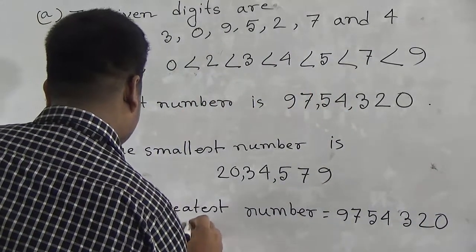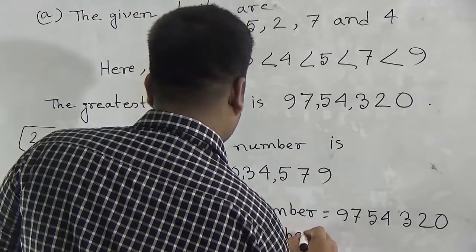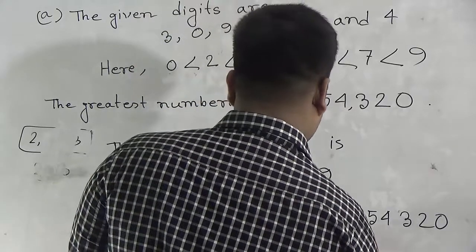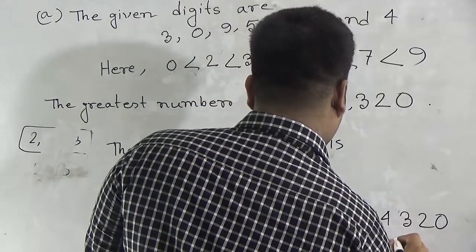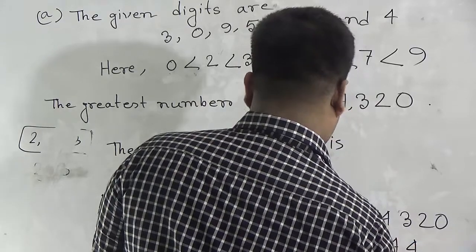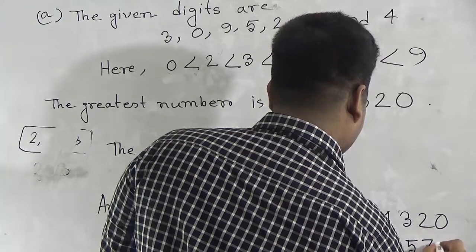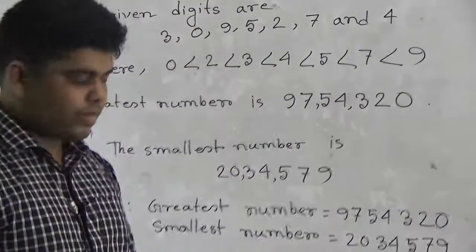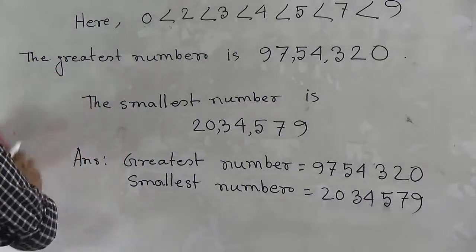Smallest number 20 lakh 34,579. Okay, this is our first question.